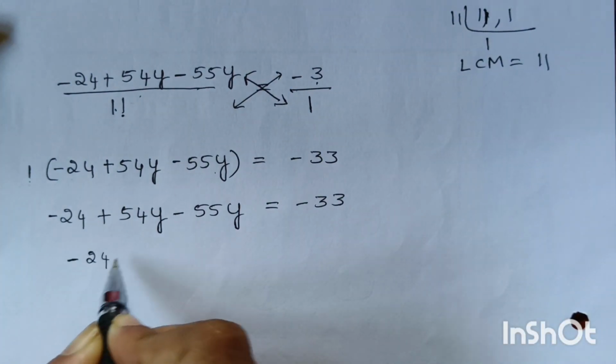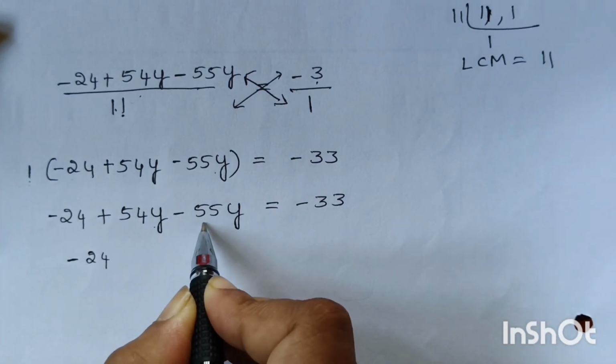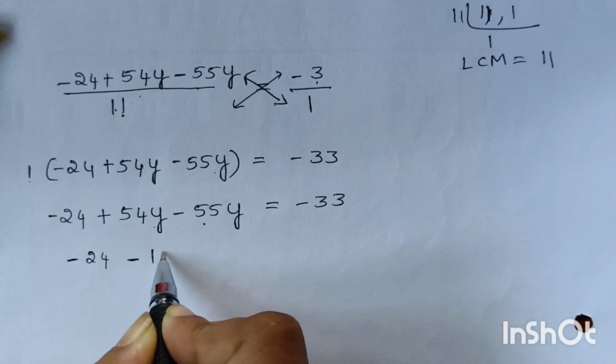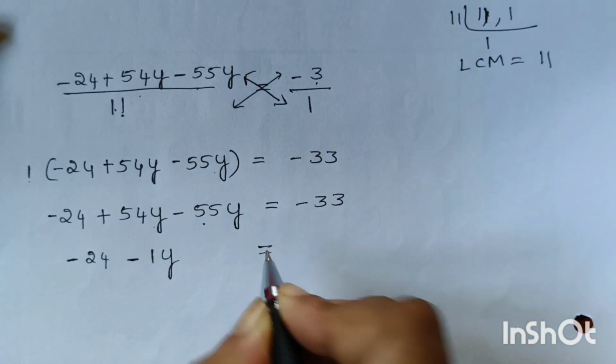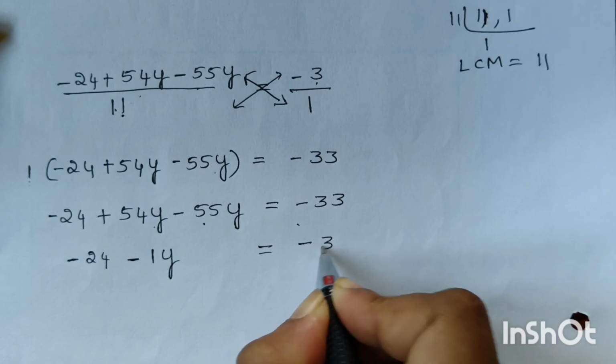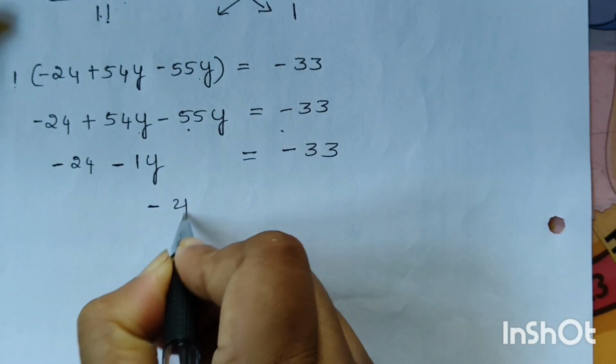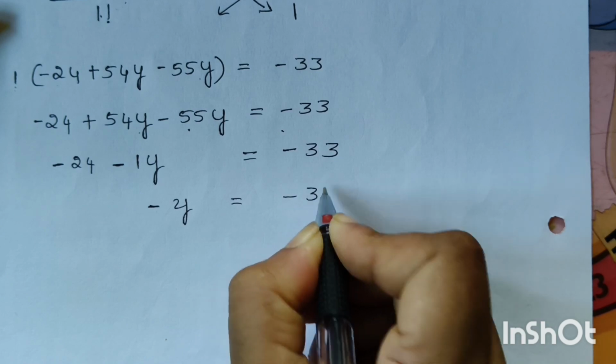Minus 24 plus 54y minus 55y, it's nothing but what? Minus 1y, or you can simply write minus y is equal to minus 33.